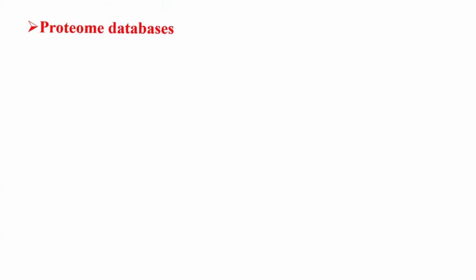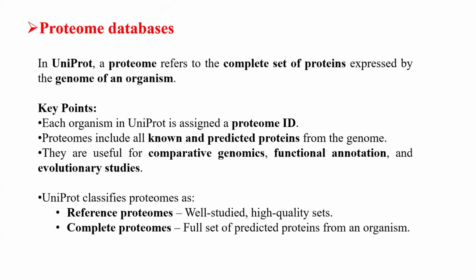Next, we can see the proteome database. Proteome is a section of UniProt, and it is the complete set of proteins expressed by the genome of an organism. So for a whole organism, its proteome means its proteome ID, and that is the full set of protein sequences of this organism.